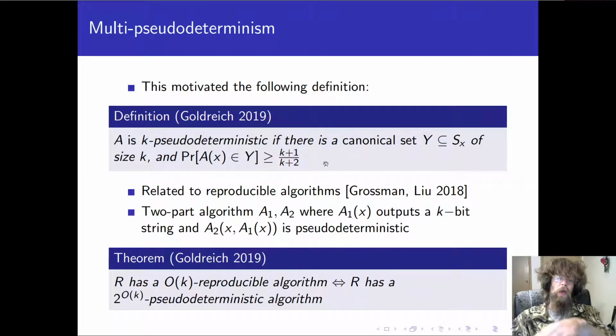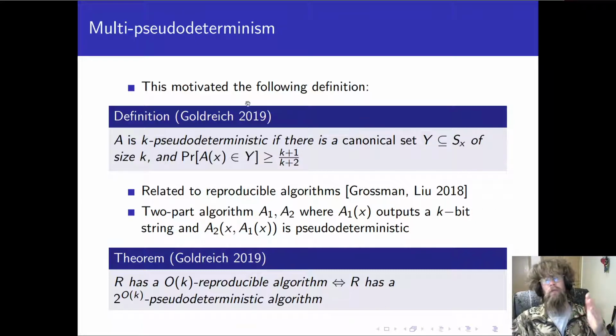And this is also closely connected to some earlier work by Grossman and Liu. They considered this idea of a reproducible algorithm, where you have a two-part algorithm. The first part uses randomness to generate a k-bit string. And the second part behaves pseudodeterministically once you give it the k-bit string.